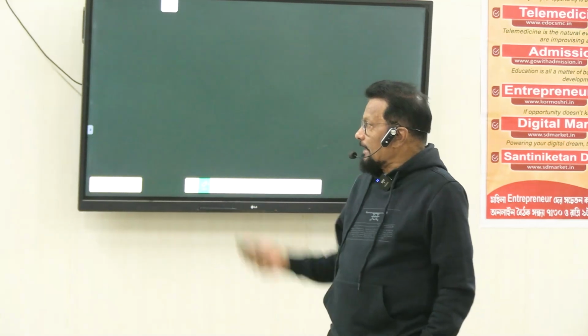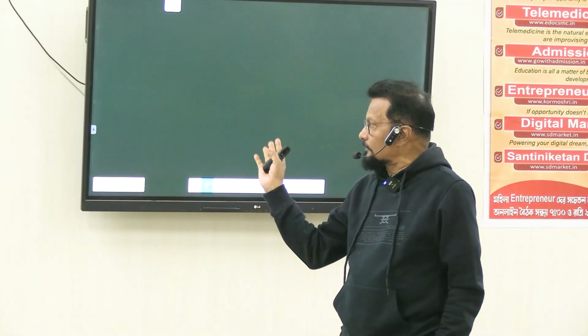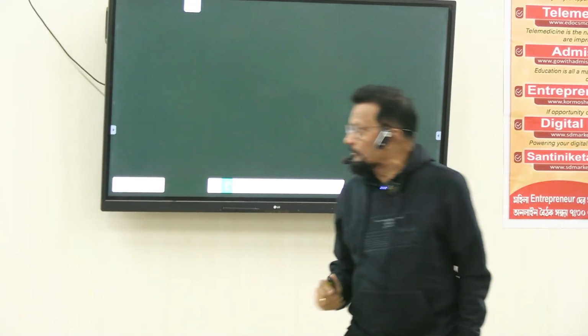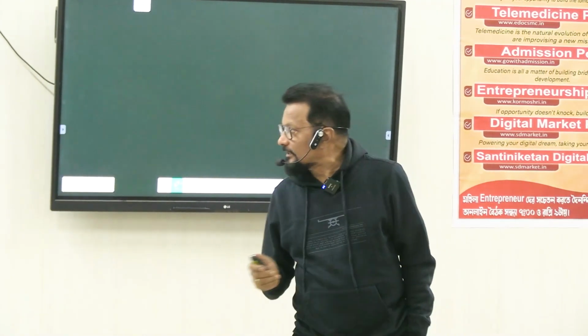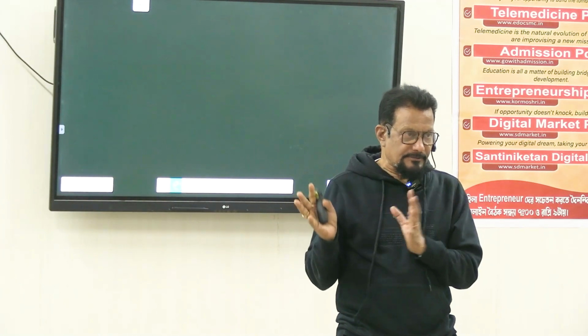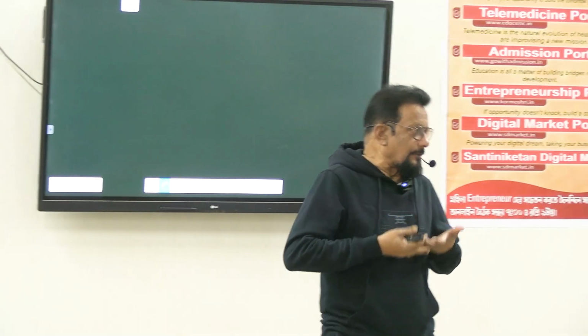What are these? The falciform ligament, which also divides the right and left lobe, the coronary ligament, the right and left triangular ligaments, and the fibrous round ligament. So these are the 5 ligaments by which the liver is attached to the diaphragm and the abdominal wall.